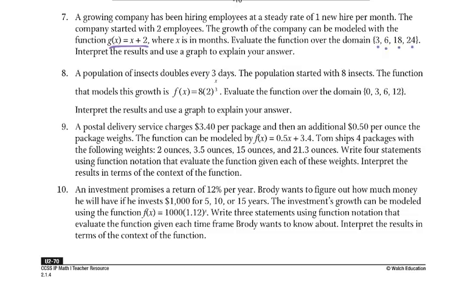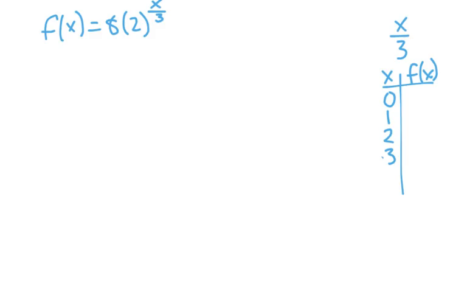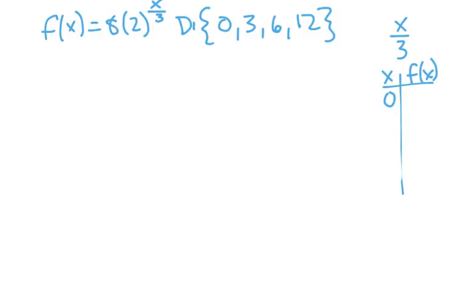So what was our domain? 0, 3, 6, 12. So 2 ways we could write our graph.